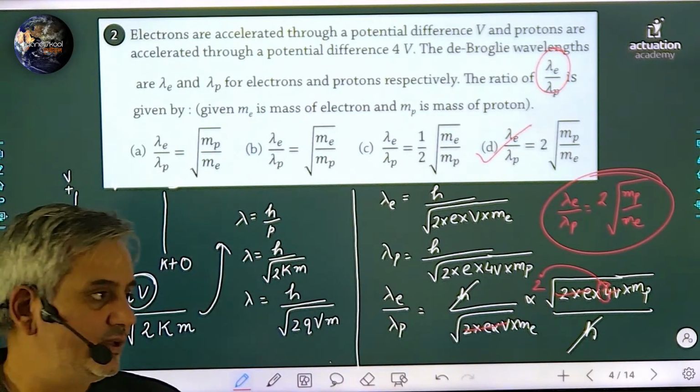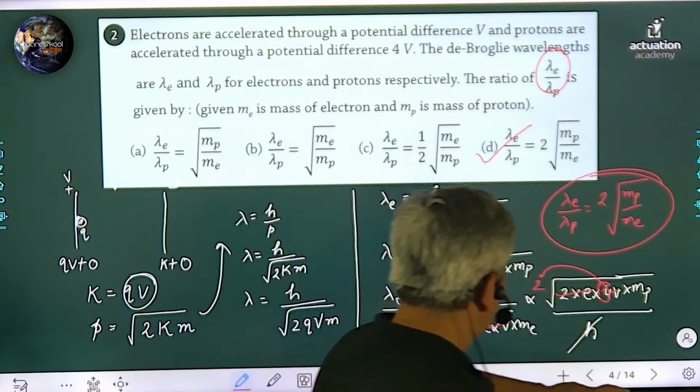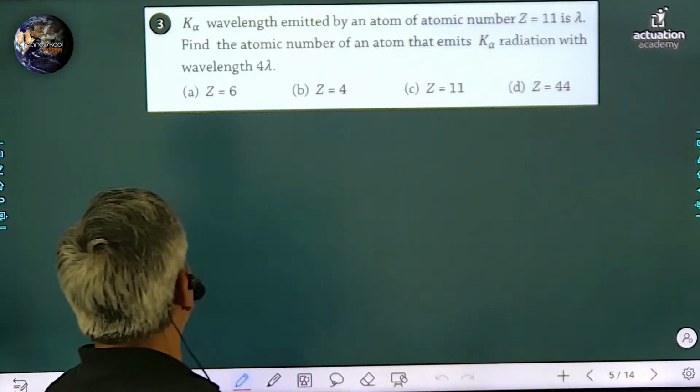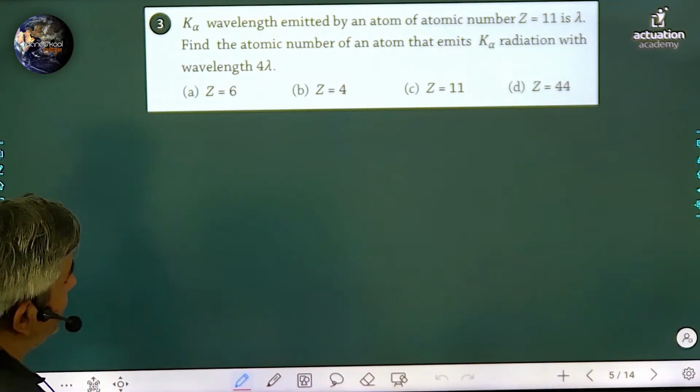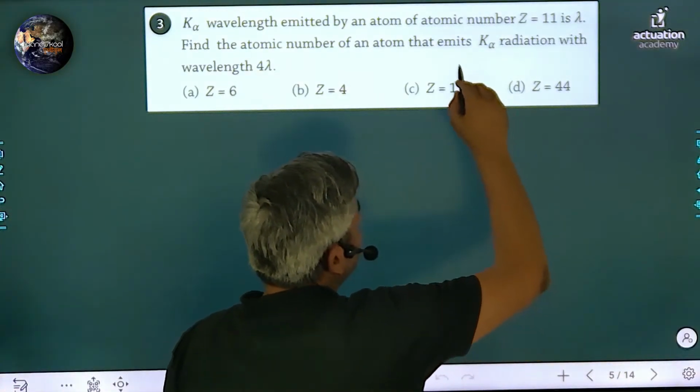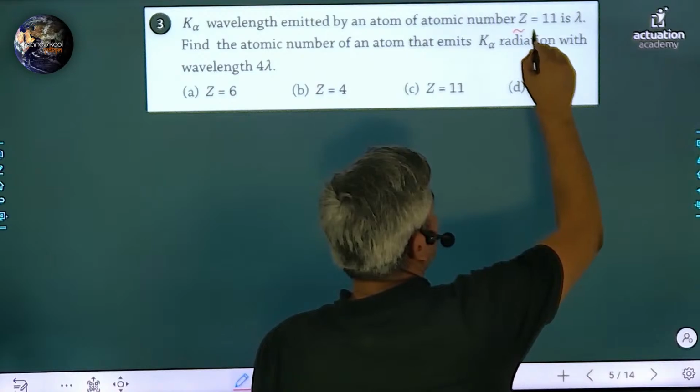Now let's move to question number 3. K alpha is the wavelength emitted by an atom of atomic number 11. K alpha wavelength emitted by an atom of atomic number Z equal to 11 is lambda.